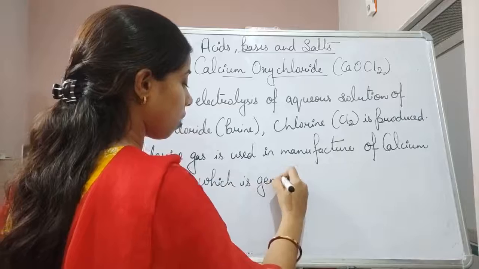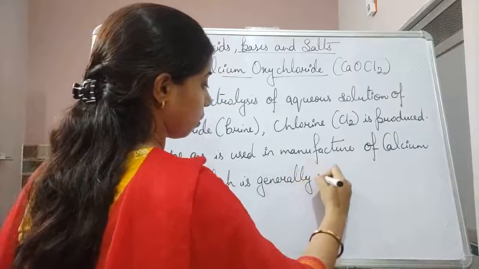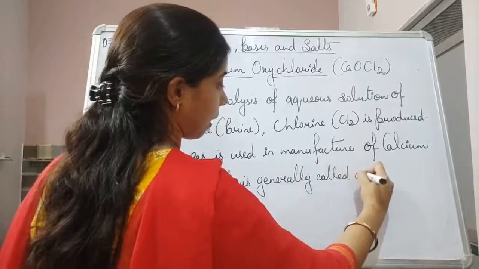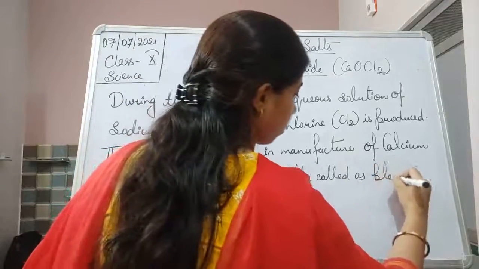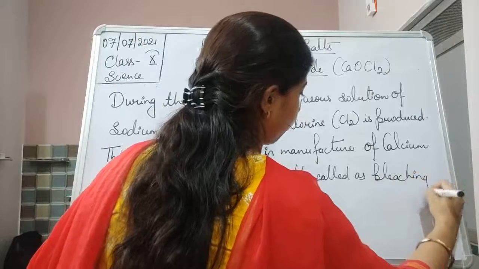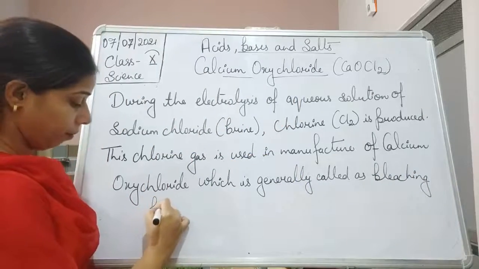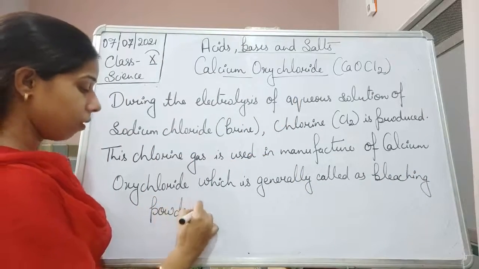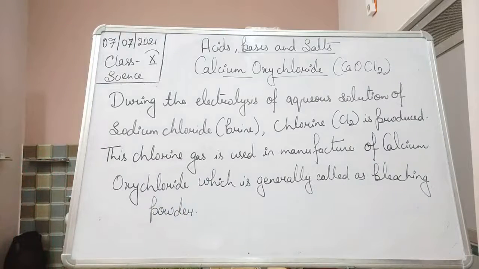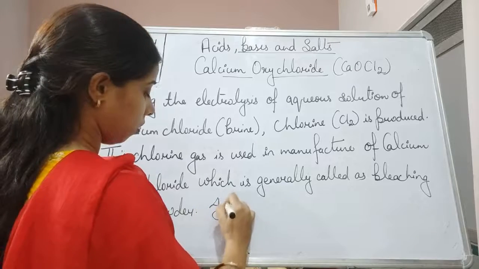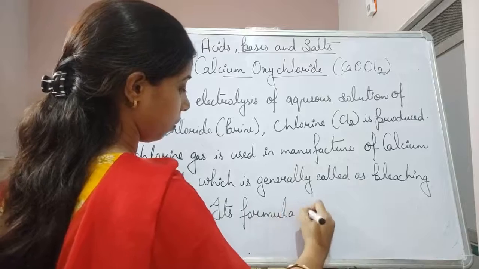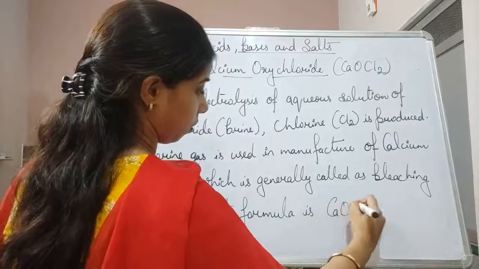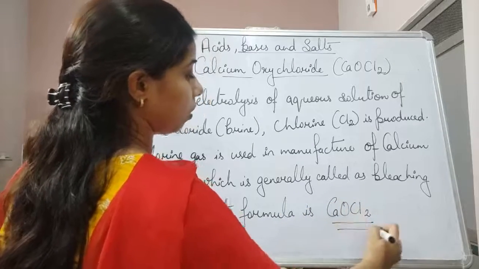This is used for making calcium oxychloride, which is generally called bleaching powder, and the formula is CaOCl2.